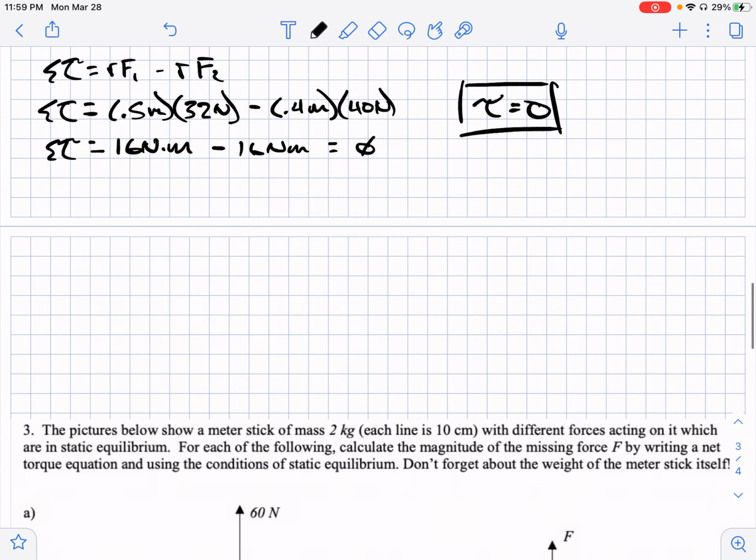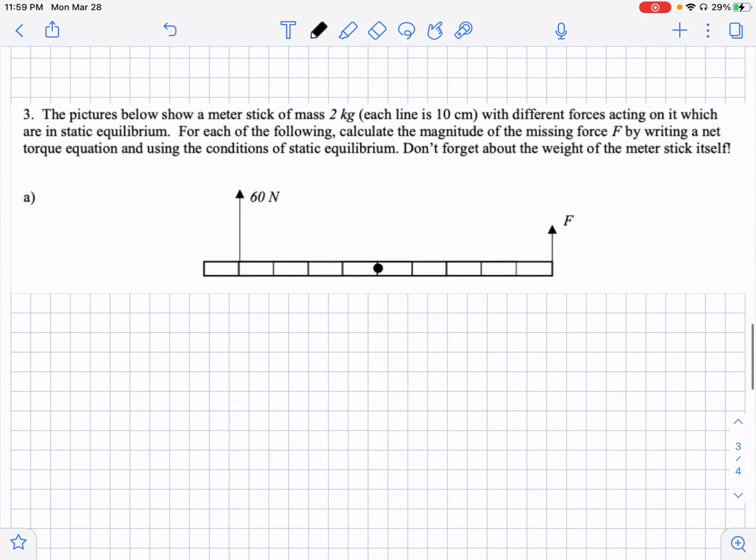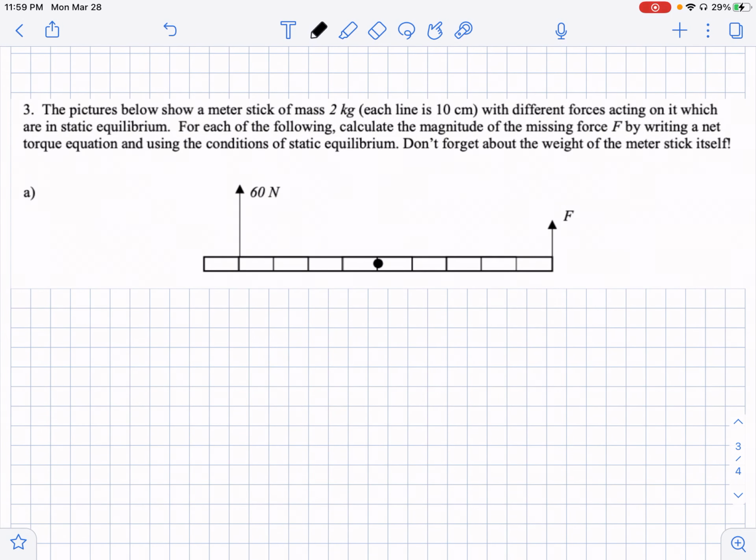So let's go on to number 3. And now for number 3, we're going to solve for the missing force. We have a force that's missing, and now we're going to solve for it. So first, identify your axis of rotation, draw in Fg, and figure out the direction. This one's going to be positive, this one's going to be negative. Now we can build our net torque equation. We'll call this one 1, this one 2.